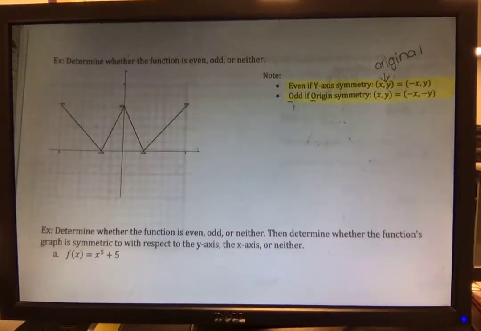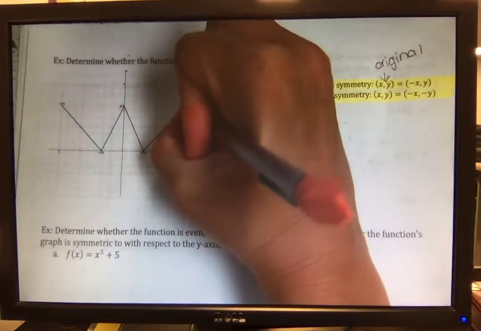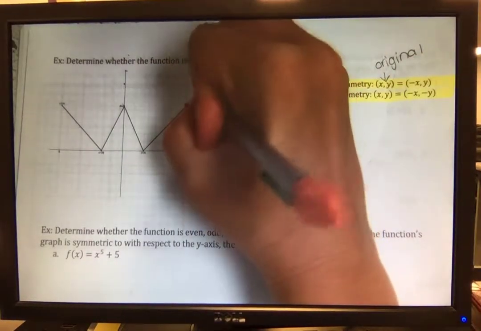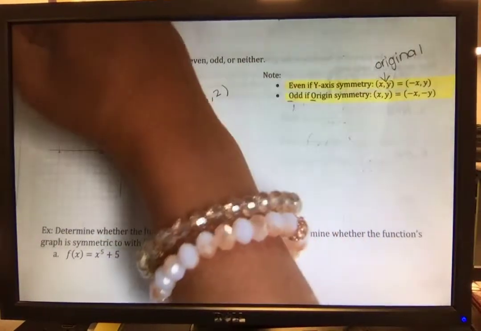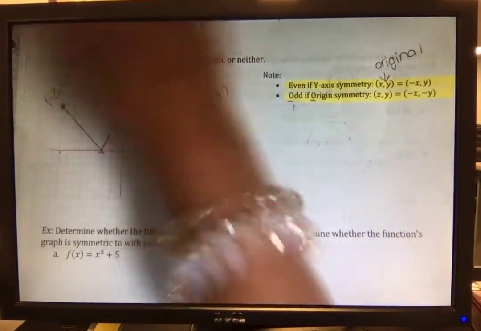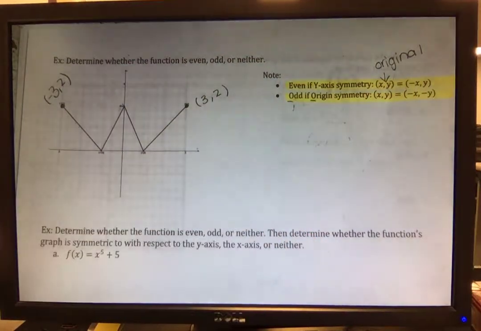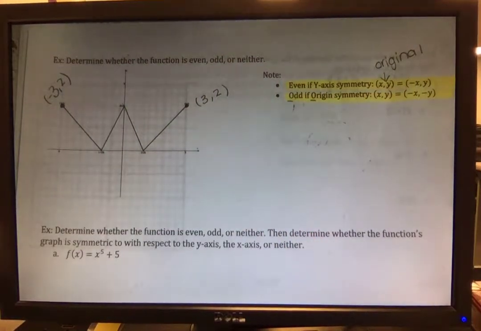y-axis. So looking at this, we don't have an equation to plug in, but I can plug in 2 points. Let's use this point, which is 3, 2, and this point over here, which correlates with it, is negative 3, 2. If you can see really small, they gave me those numbers. I'm just writing it a little bit bigger.